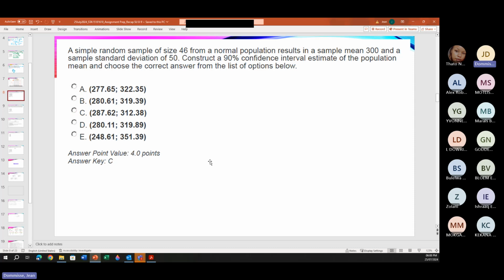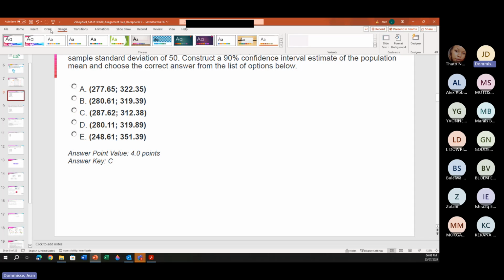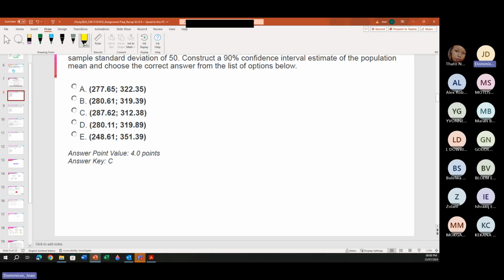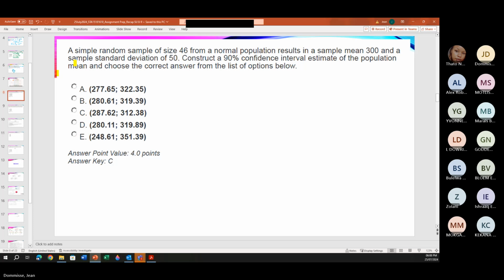Okay, so next one. So let's look at again what do they tell us? And again, I know it's not easy when it's online for you guys, because I like to highlight.